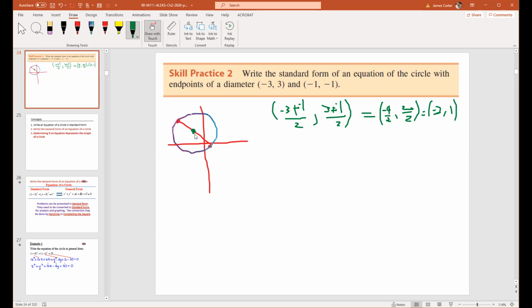And that represents the center of this circle.